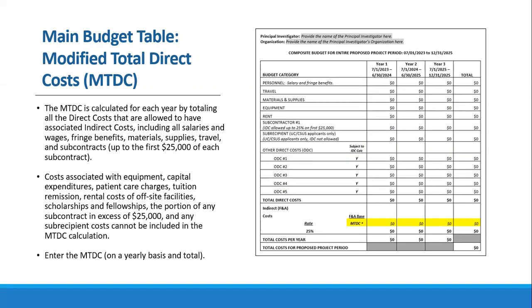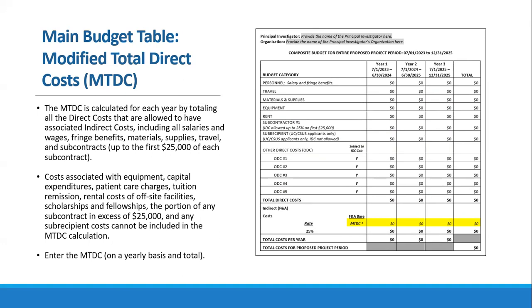There's a number of things that are not subject to indirect cost, things like equipment, capital expenditures, patient care charges, tuition remission, rental costs of offsite facilities, scholarships and fellowships, and then the remainder of subcontracts above $25,000, as well as subrecipient costs.